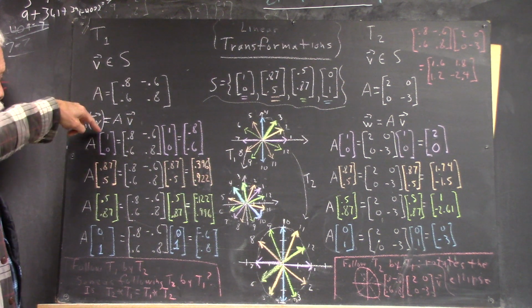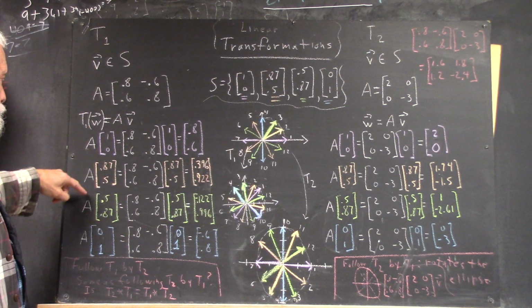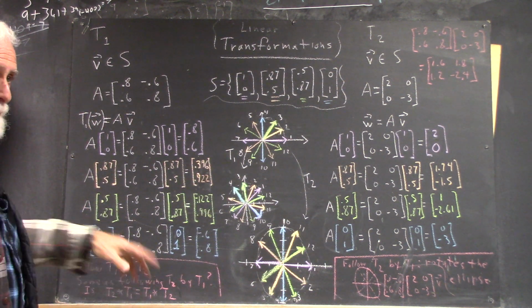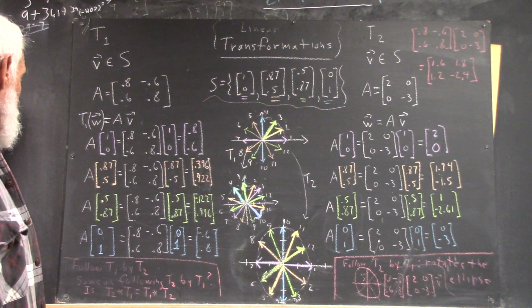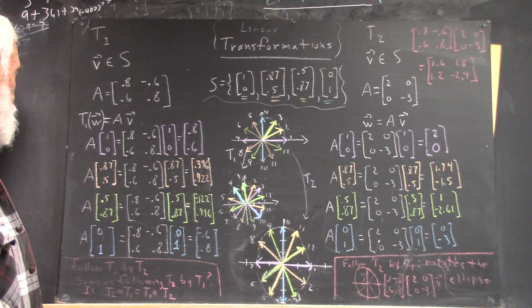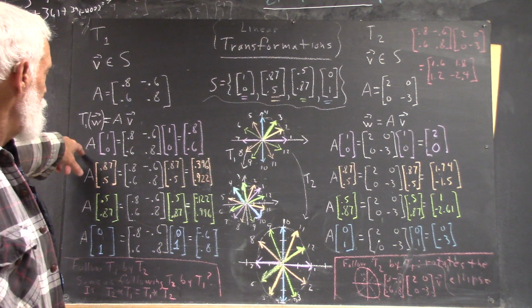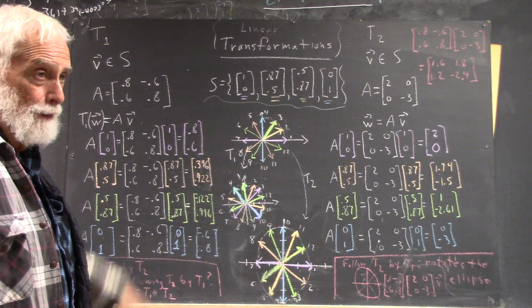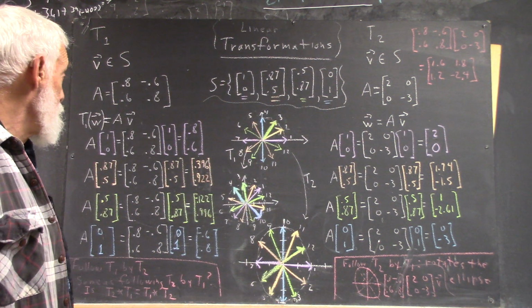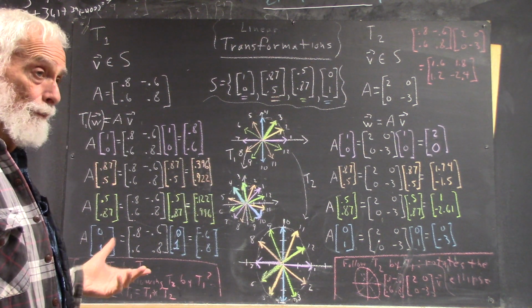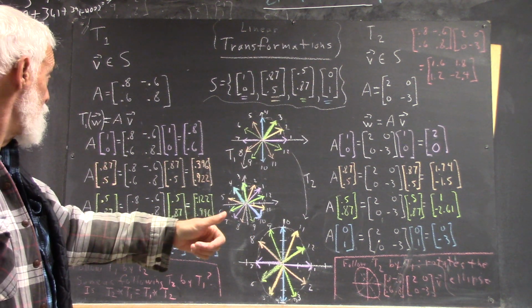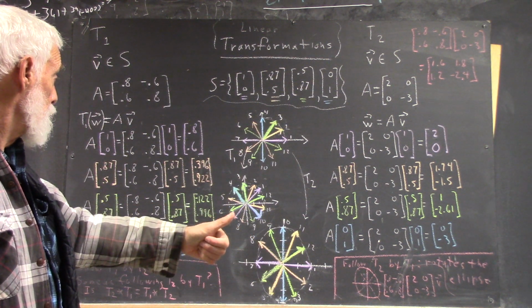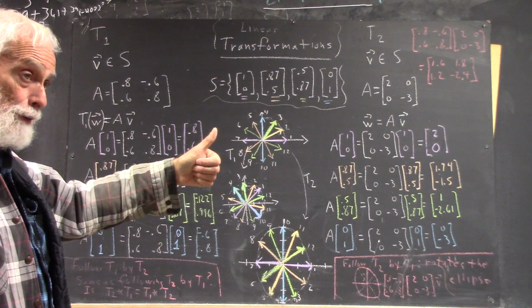Now you can do that by just multiplying A by a set of unit vectors around the circle. And you see that A applied to the vector (1, 0) gives you the vector (0.8, 0.6). Okay. And 0.8 in this direction, 0.6 in this direction.